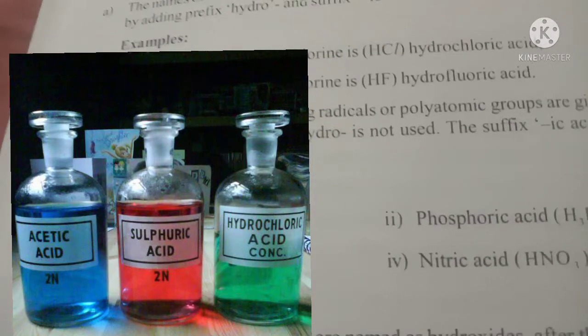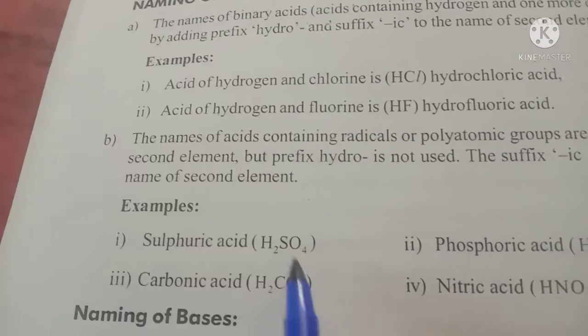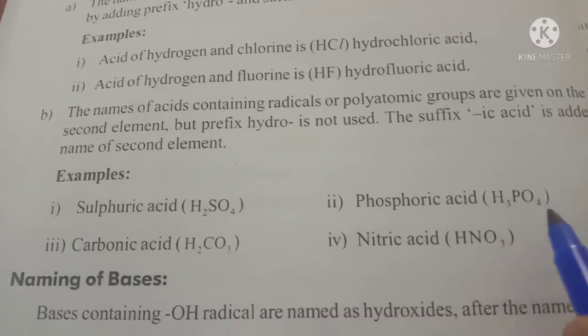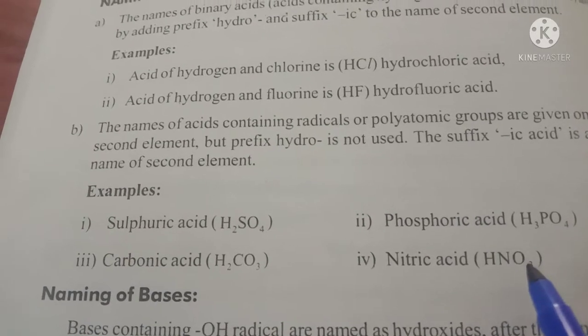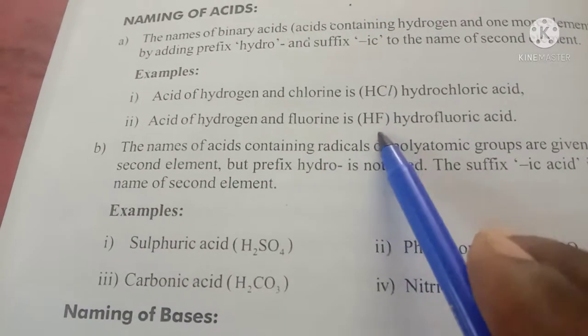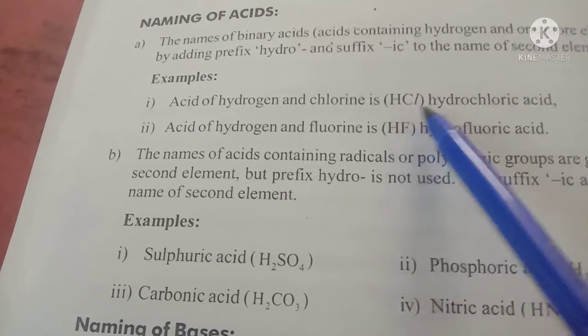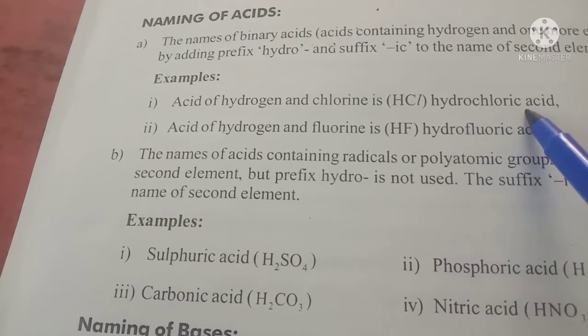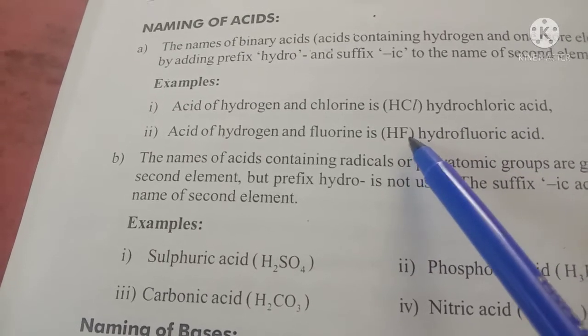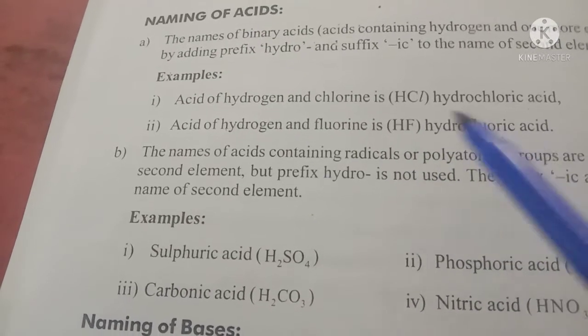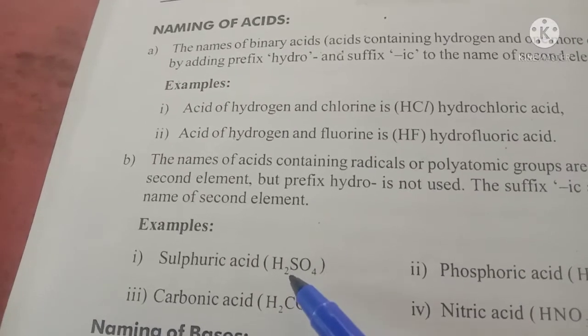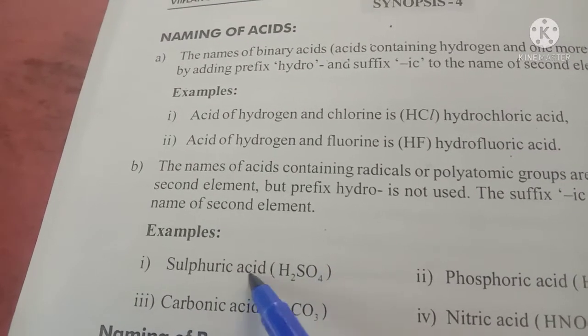All these are acids. What is the name of HCl? Hydrochloric acid. What is the name of HF? Hydrofluoric acid. What is the name of H2SO4? Sulfuric acid.